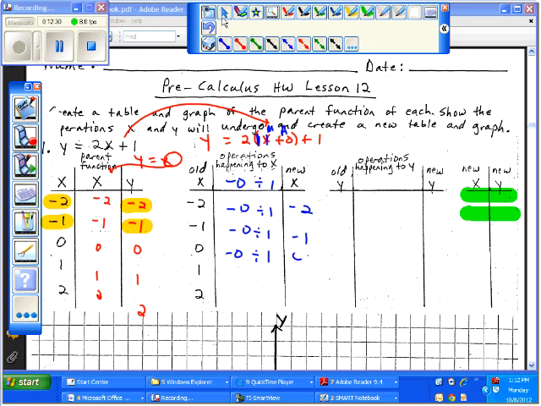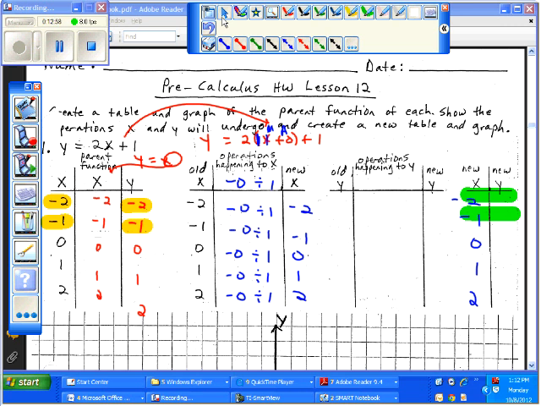Subtract 0 and divide by 1 and I still have 0. Subtract 0 and divide by 1 and I still have 1. Subtract 0 and divide by 1 and I still have 2. So the x's of my new points ended up exactly where they were before.